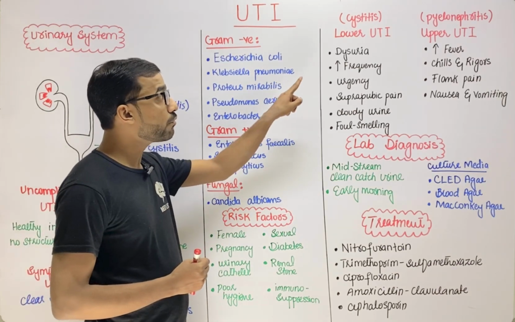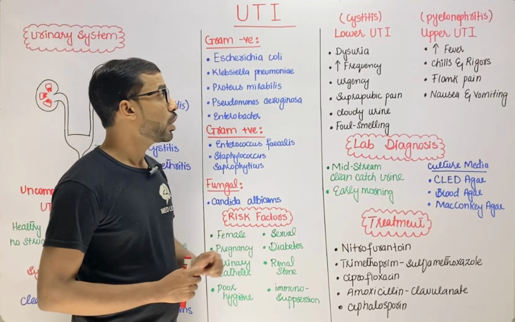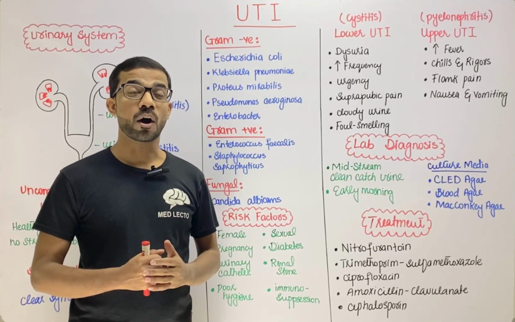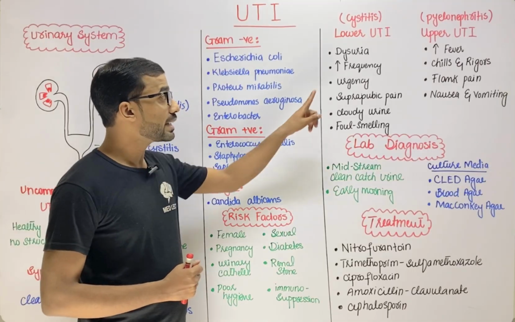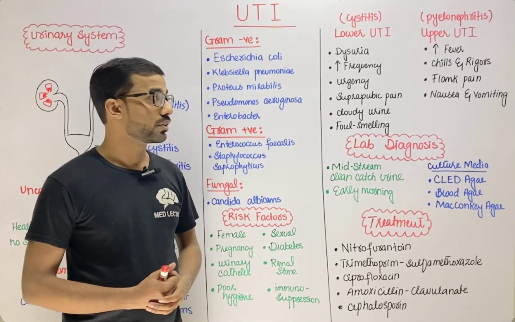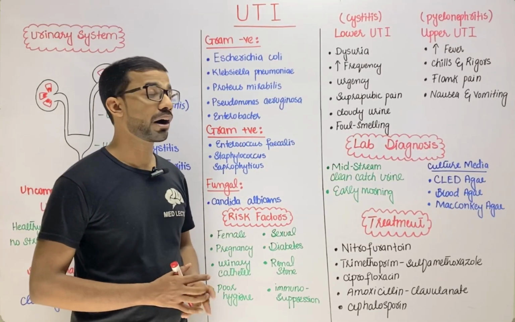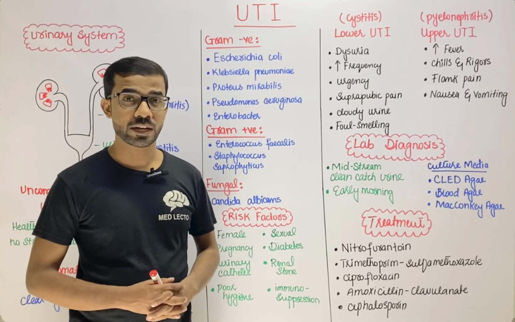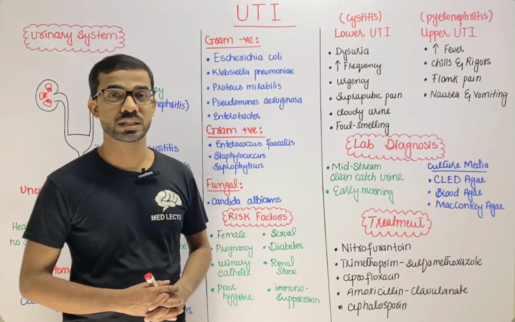In the lower UTI, specifically cystitis in the urinary bladder, you will see first dysuria, difficult or painful and burning sensation during urination, increased frequency of urination and urgency of urination, suprapubic pain, cloudy urine, and foul smelling urine. So these are the different symptoms that you can see in the lower UTI or specifically related to cystitis.